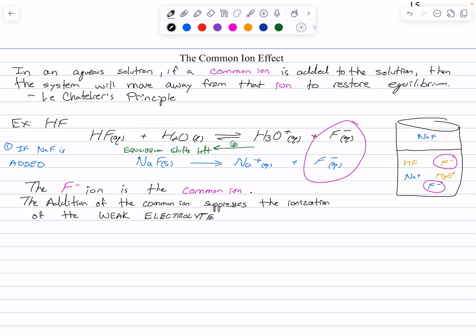Because if you look at HF, that's weak. And sodium fluoride is strong. Strong electrolyte versus weak electrolyte. So the common ion always suppresses the ionization of the weak electrolyte.